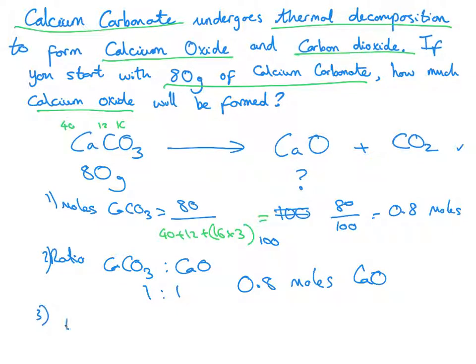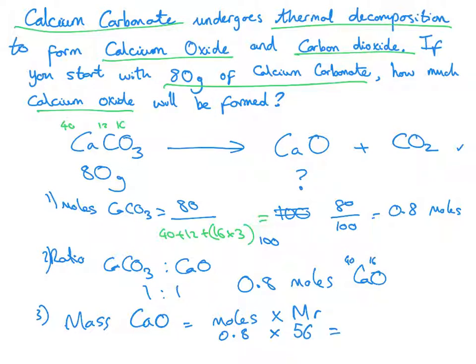Finally, I need the mass of calcium oxide. Therefore I do moles times Mr. So 40 and 16 makes 56. So 0.8 times 56 is 44.8 grams.